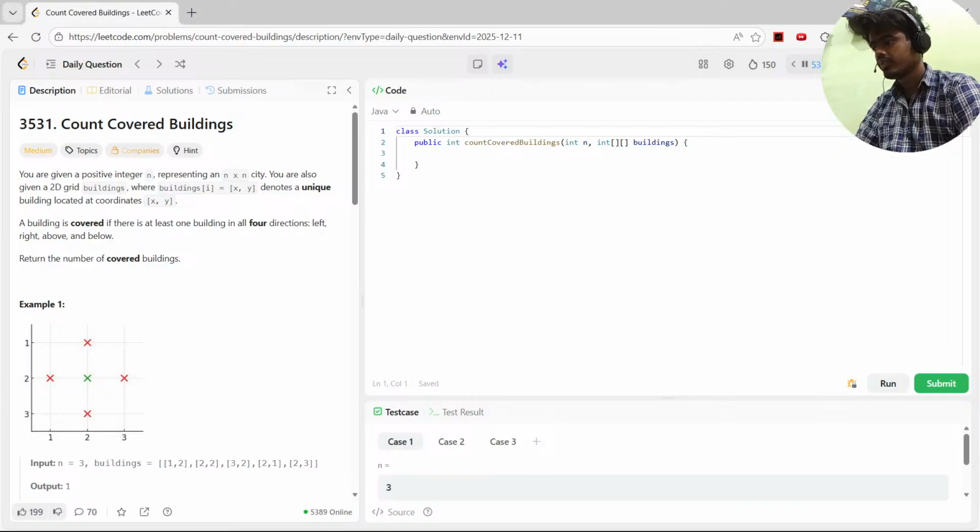Right, so we will read the question first. 3531. Count covered buildings.